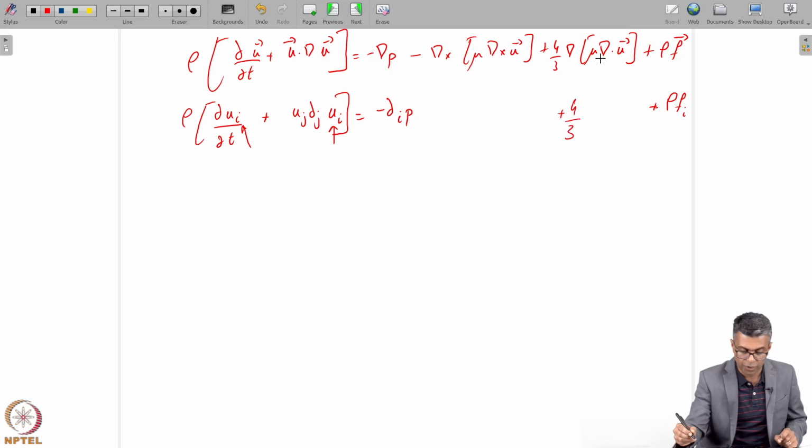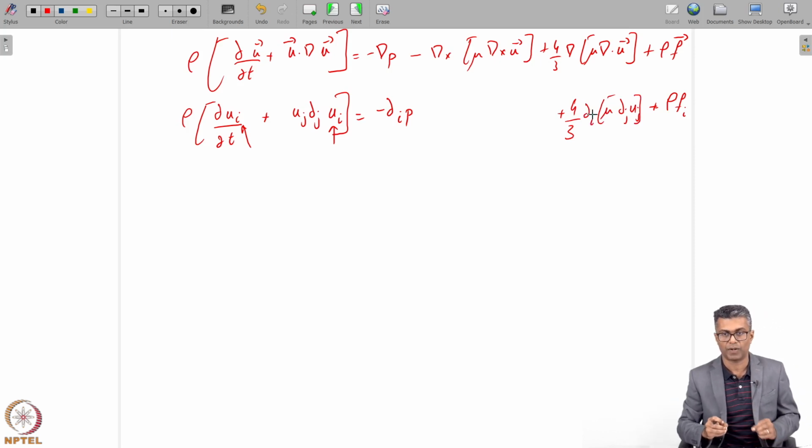And del dot u, I can write it using a dummy index here, so del j uj and mu. Then of course I will have del i here. So now everything is in the direction of i, and the dummy index, I have used it as del j uj.